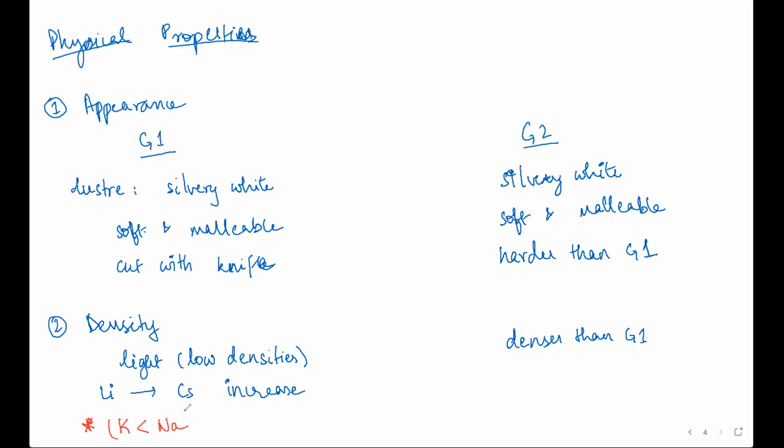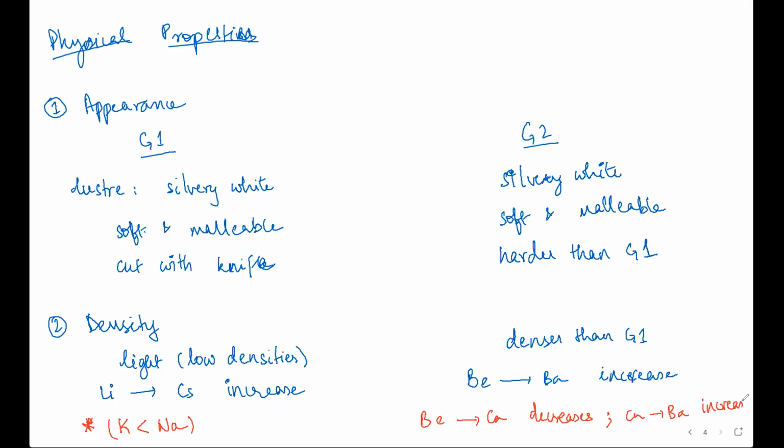This is the only anomaly. Similarly, in group 2, if you just compare the topmost to the bottommost, there is an increase in density, but the trend is not straightforward. Beryllium to calcium, it decreases, and then calcium to barium, it increases.